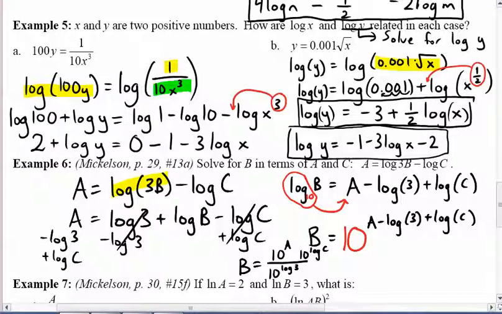And 10 to the power of log cancels out. 10 to the power of log c is just c. 10 to the power of log 3 is just 3. So b is actually 10 to the power of a times c over 3.